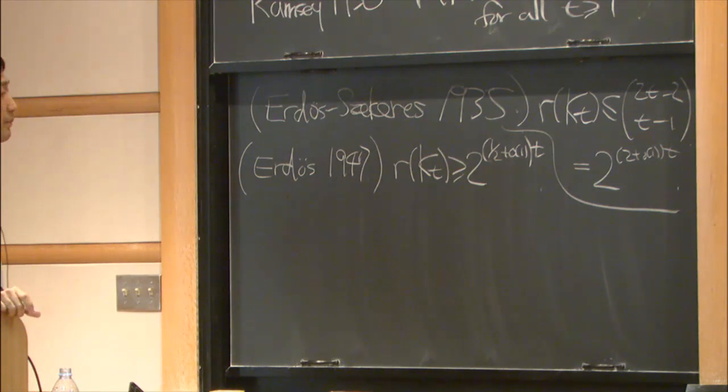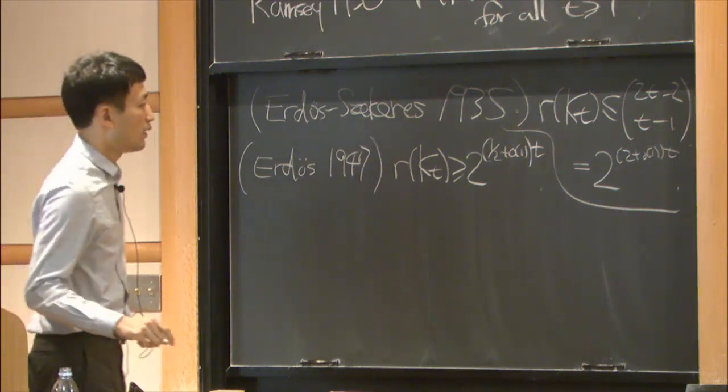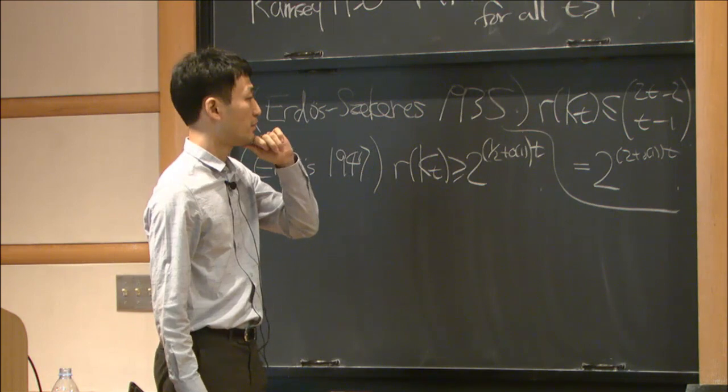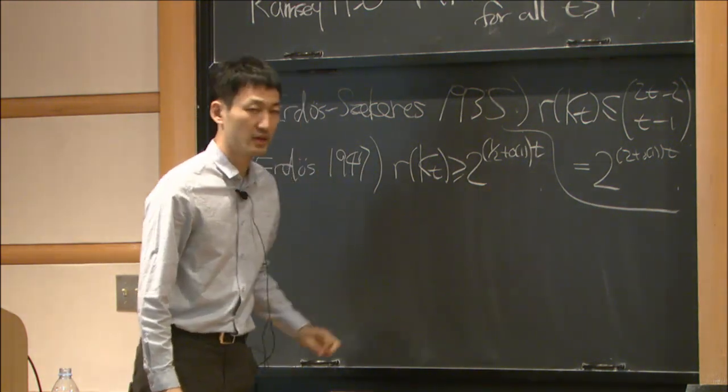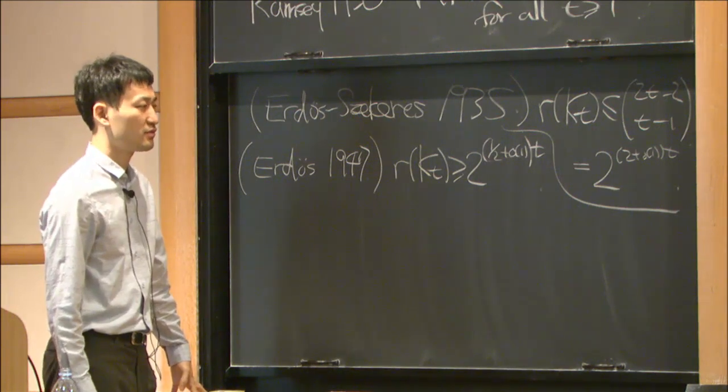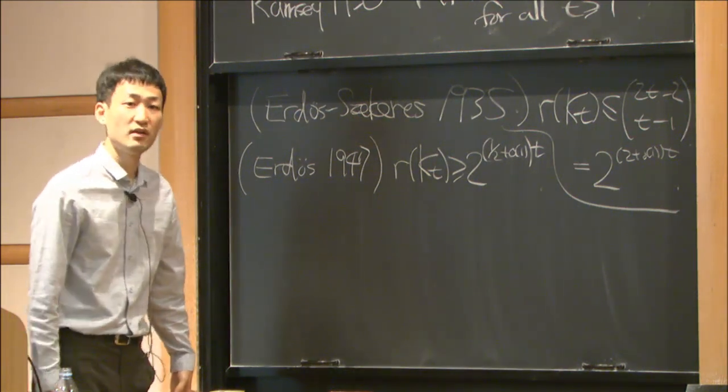But about complete graphs, what about more general graphs? We know that the Ramsey number of complete graphs is exponential in terms of the number of vertices. Is that always the correct behavior? It's not that difficult to see that it's not always exponential.